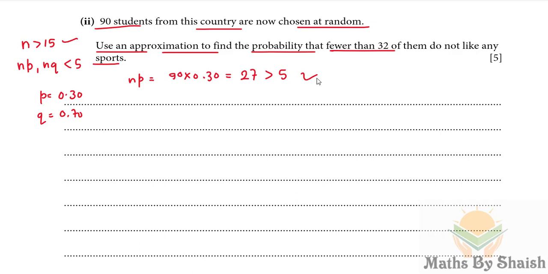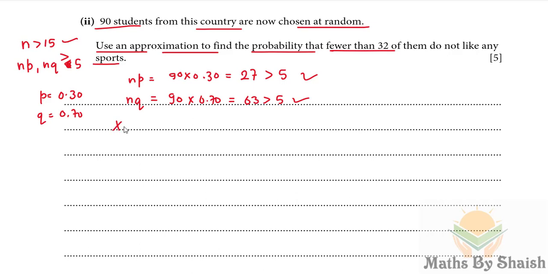Oh sorry, I have written less than, but it is greater than everywhere, so it is greater than 5, satisfying. And again nq is 90 into 0.70, that is 9 7s are 63, so it is 63. Again it is greater than 5, so it means we can approximate the binomial.